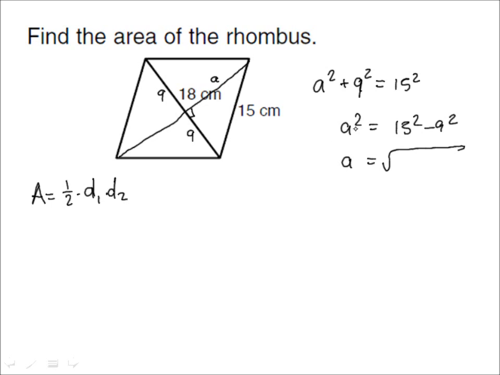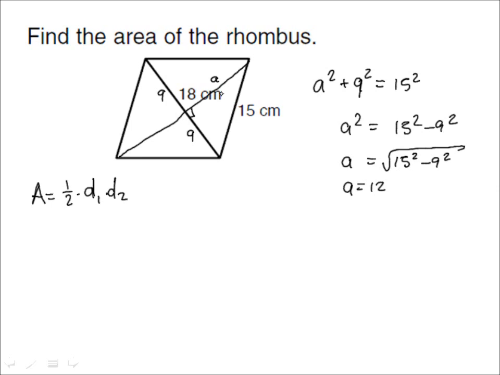This equation does have two solutions, the plus or minus, but we're just looking at the positive one because we're in a geometric setting. And when I evaluate that, it appears that there's a multiple of a Pythagorean triple here, because a is equal to 12.